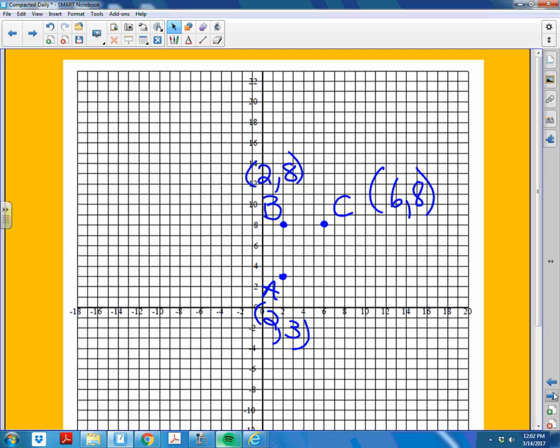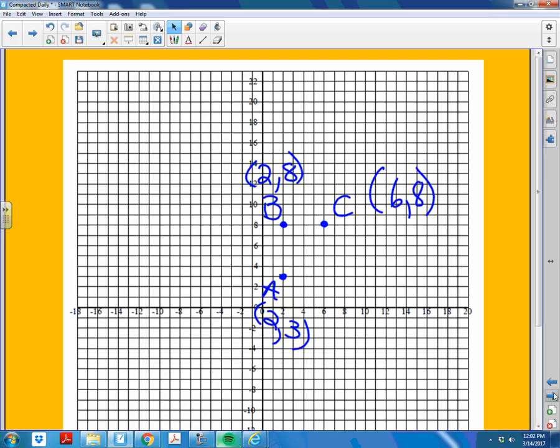Then put it back on carefully so it's exactly where you need it to be, and trace your 3 points A, B, and C. So this is what your white paper should look like. Now please label A, B, and C so you know where they go. Make sure it's exact.